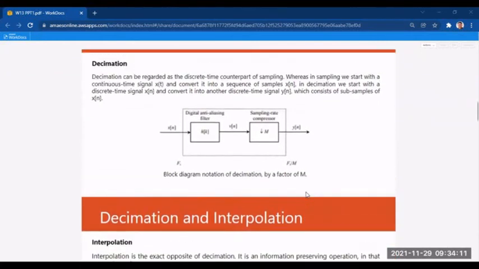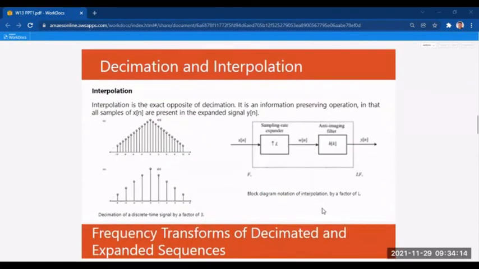Okay, so we have an example here. For example, we have this original signal x of n, original discrete time signal. As you can see, the sampling rate is high, so there are a lot of samples because of the high sampling rate.